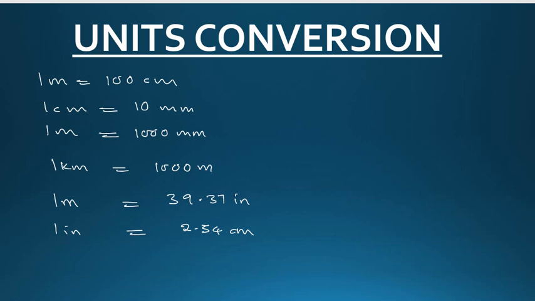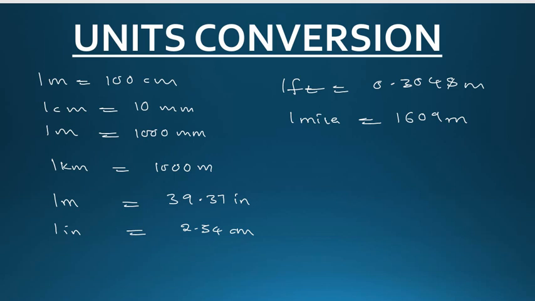You can't be given this. Okay, what else do you need to know? 1 foot is equal to 0.3048 meters. Then 1 mile, very important because the next question will be on this. 1 mile now is going to be given as 1609 meters. Okay, so I think now this is everything you need to know about length.